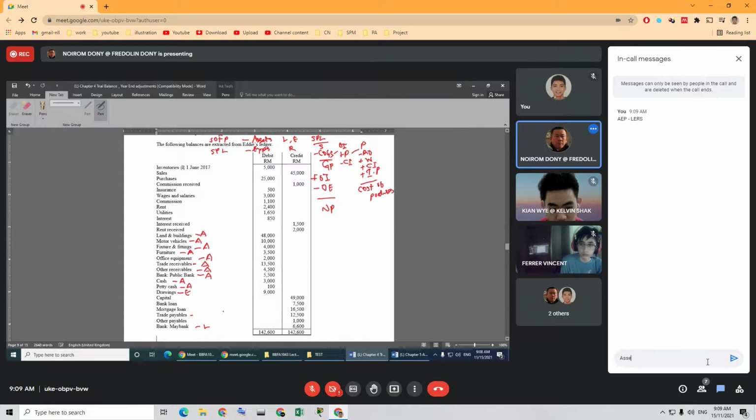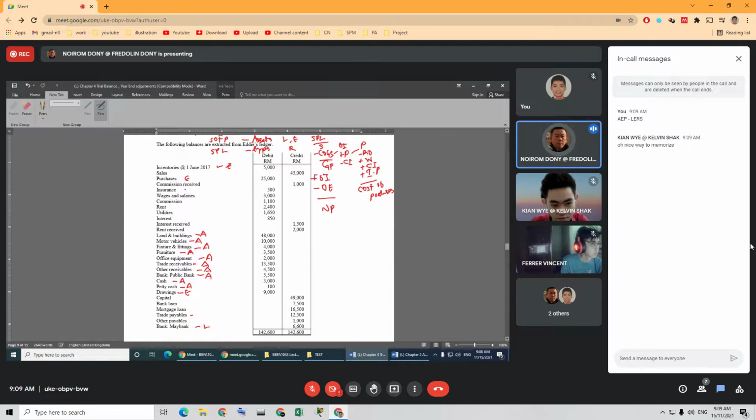Right. So we have identified which one is asset. The rest of all the debit side is expenses. This one is an asset also, like inventory, but then we put it together as expenses. Purchases, so this is expenses.